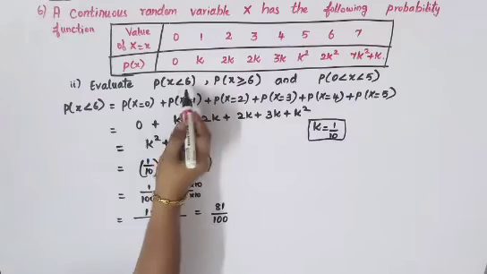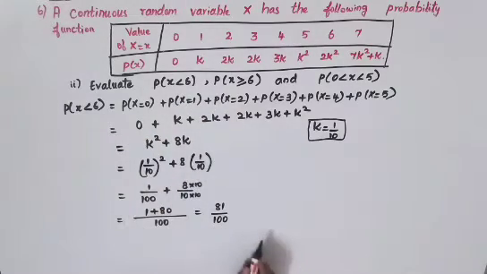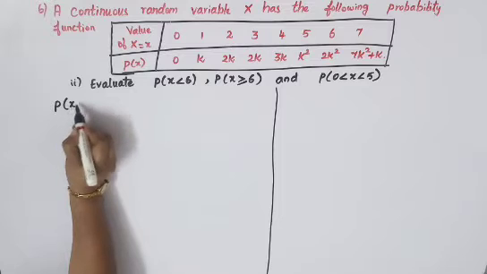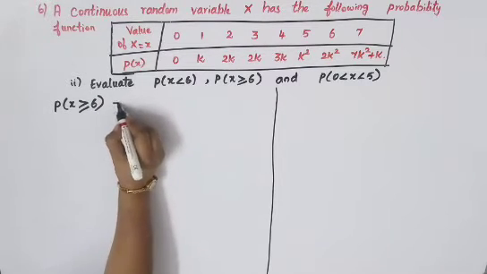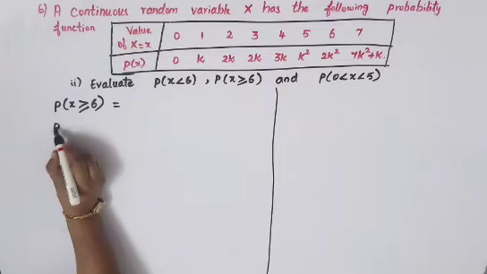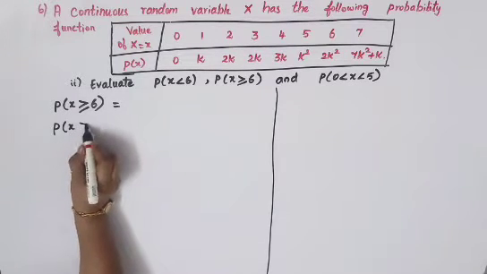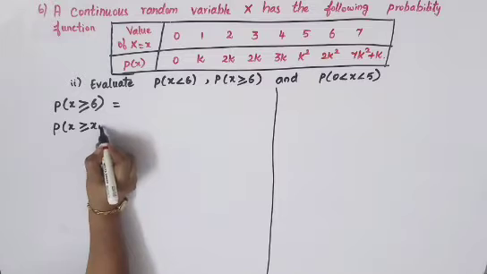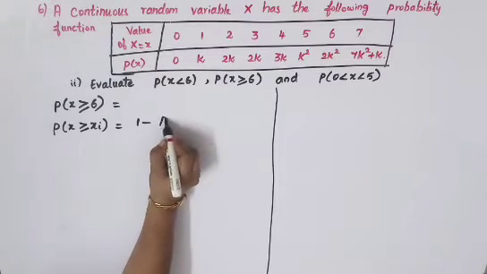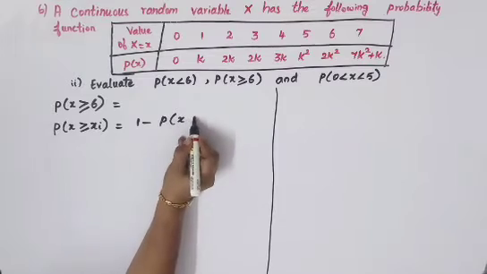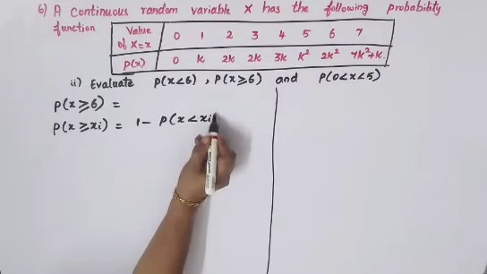In your second subdivision, you got the first part, so P(X < 6), the answer is this one. Next is P(X ≥ 6). For that we can use this property: P(X ≥ xi) is equal to 1 minus P(X < xi).